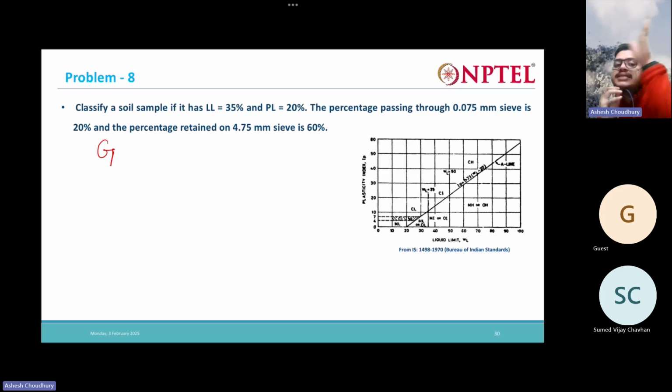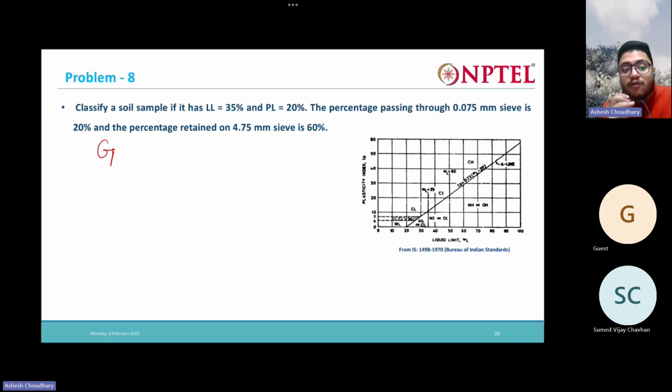Only then you can decide based on the gradation, well graded, poorly graded, all those things. If the fine fraction in a coarse soil is less than 5%, only then you can decide based on the gradation.